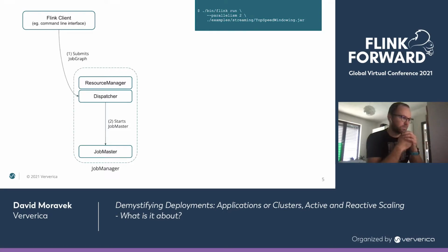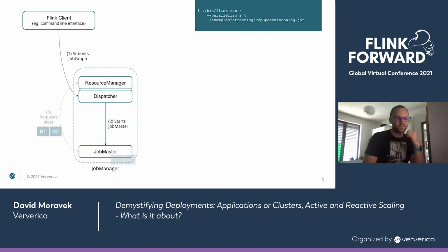Job master is a component that is responsible for the life cycle and execution of a single Flink job. There can be multiple job masters, one for each job in the cluster. So what happens right now is that the job master knows that it needs 2 slots to start executing our pipeline.